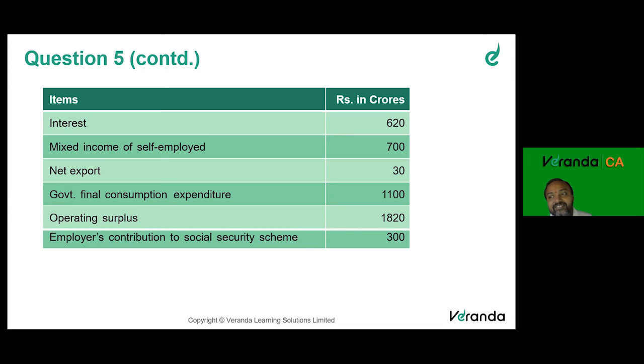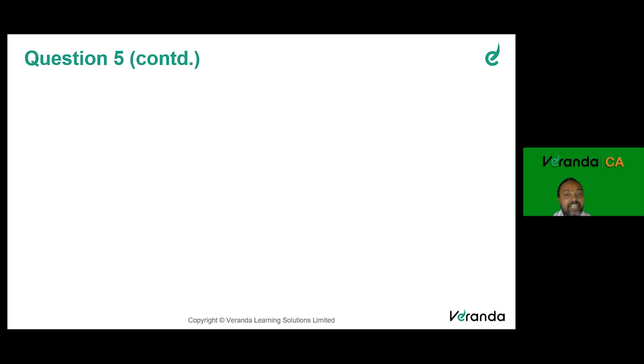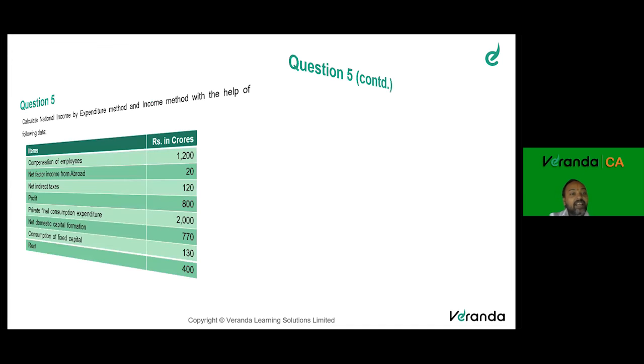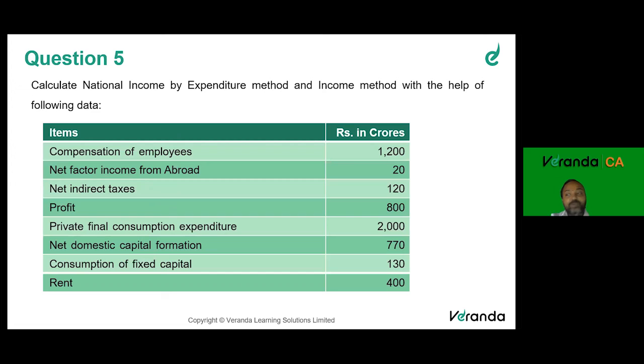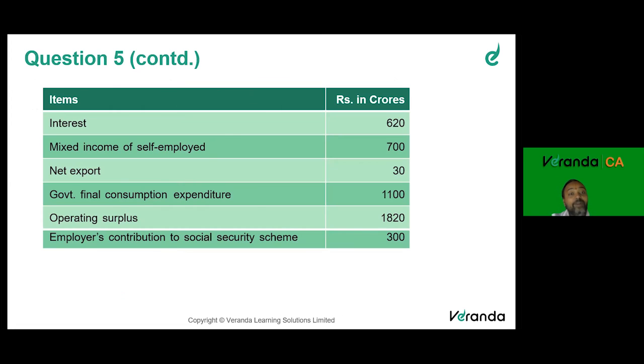Next comes the government final consumption expenditure. I have to tell you two things here. Earlier, we had private final consumption expenditure of 2000 crores. Similarly, there is government final consumption expenditure. What to do with it? I answered this some time before, when explaining the first question. The government is spending money so that people can have more money and put more money into the economic system.